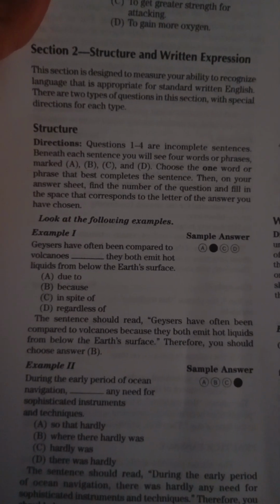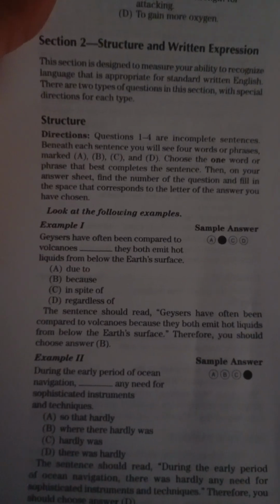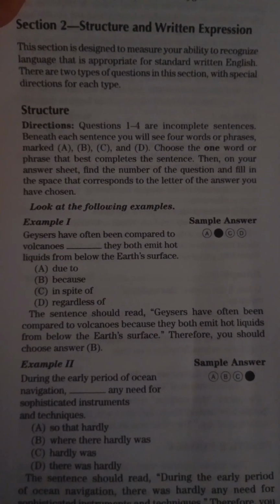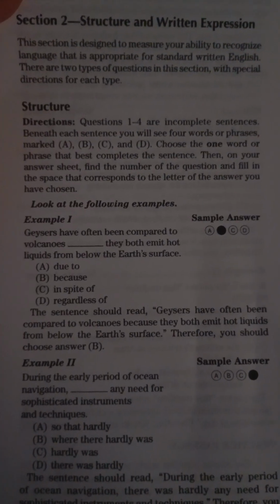Structure and written expression. What does it say? This section is designed to measure your ability to recognize language that is appropriate for written English. There are two types of questions in this section with special directions for each type.